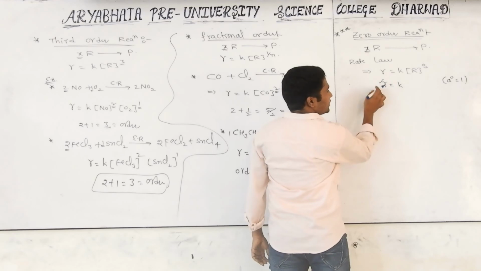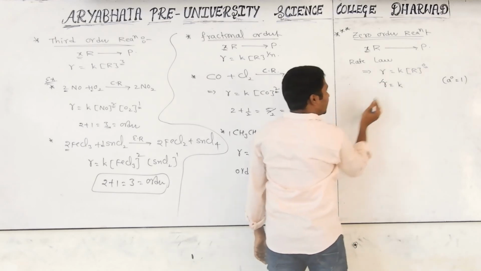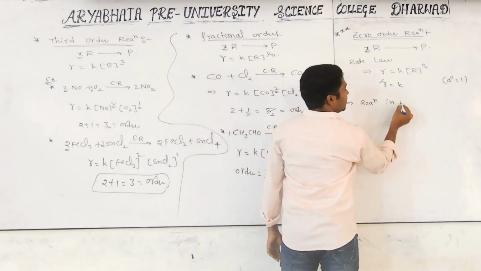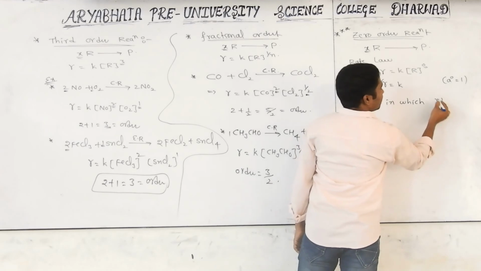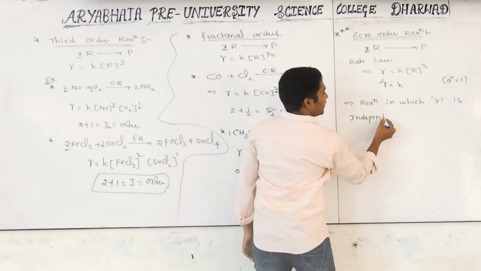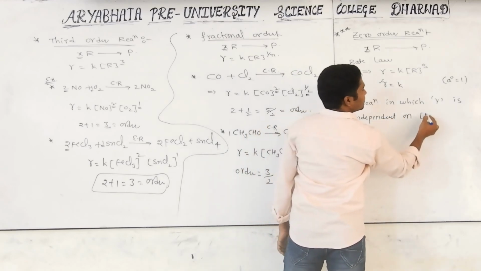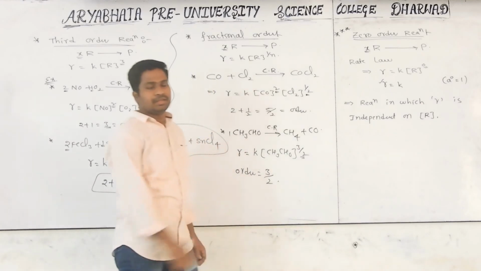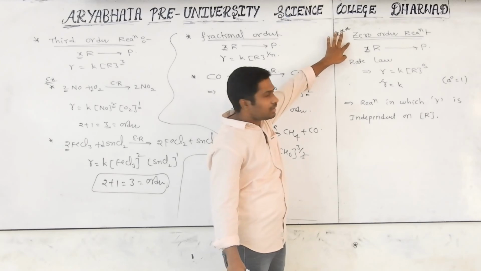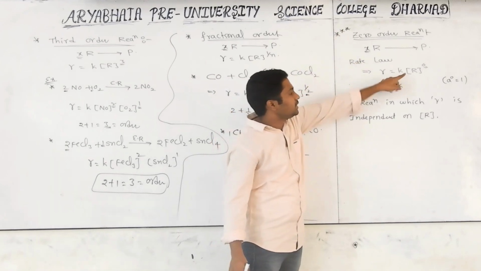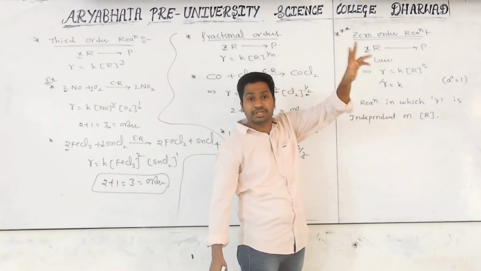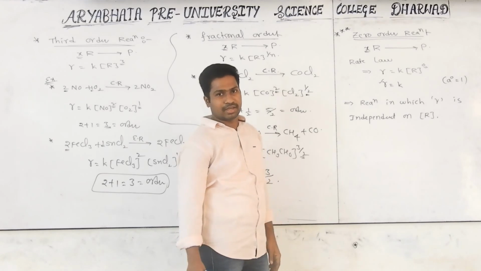Means the rate of reaction, is it depending on this? No. It's a chemical reaction in which the rate of reaction is independent of the concentration of the reactants. That's called zero order. This is a very simple and very important one. Whatever concentration you take, the speed is not changing. That's called a zero order reaction.